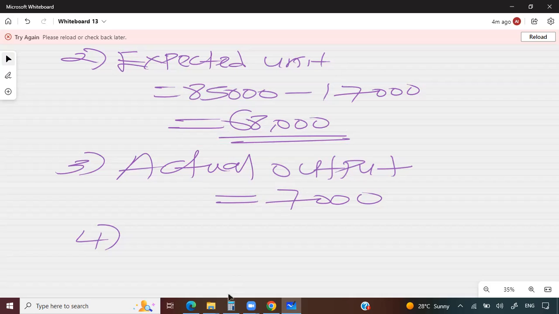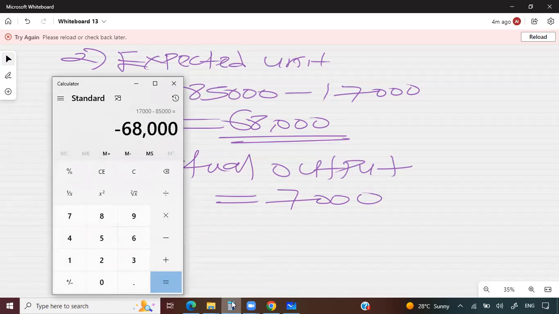I can as well say 68, I can still work back. 68 multiplied by 0.2, plus 68.